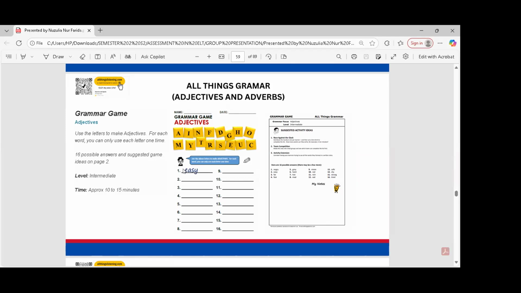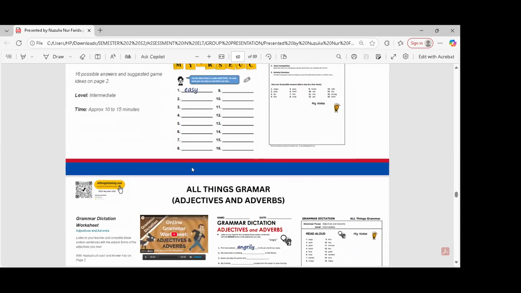So students will combine the letters E, A, S, and Y to form a word related to the context of sports and exercise.